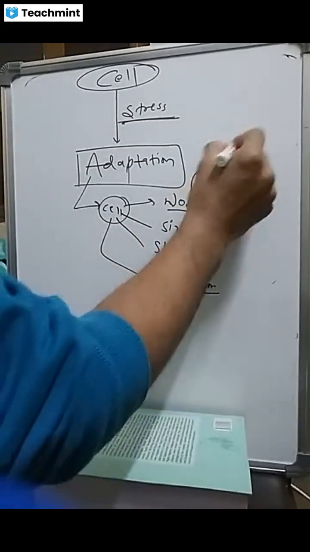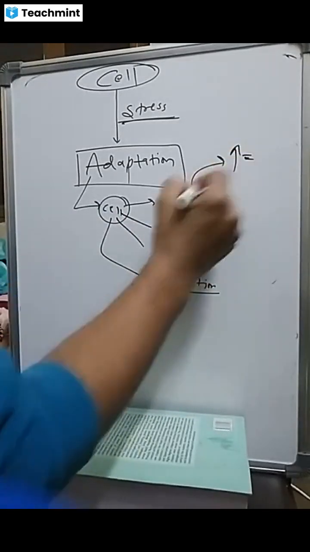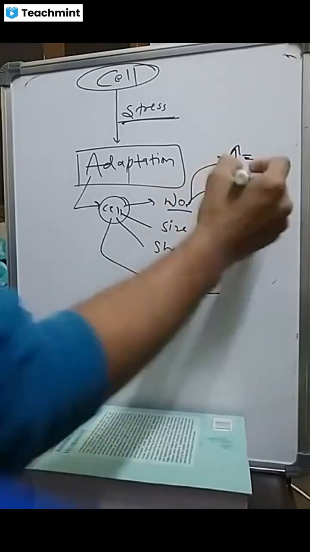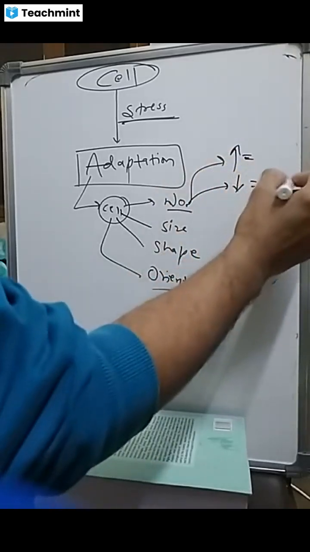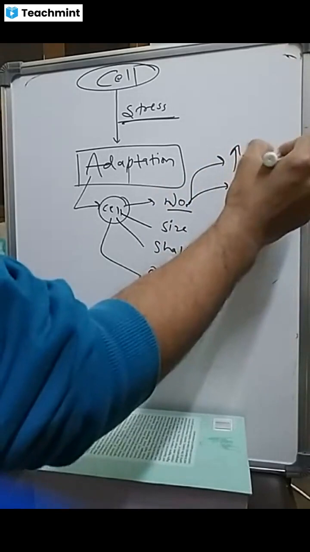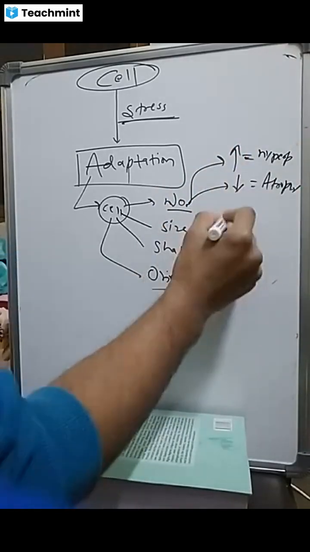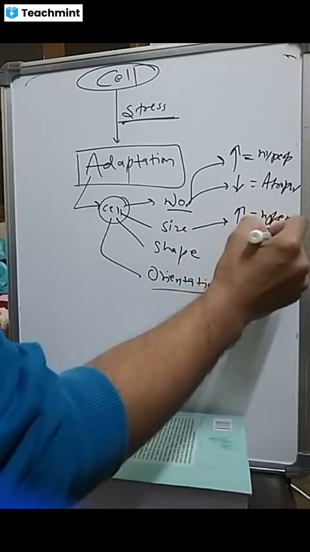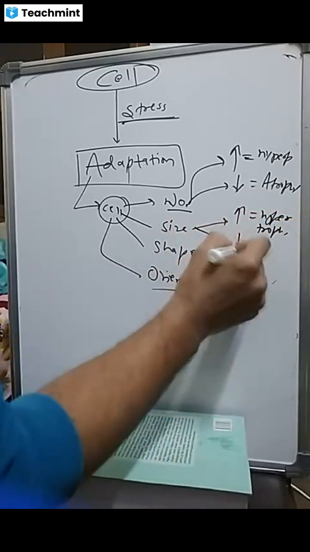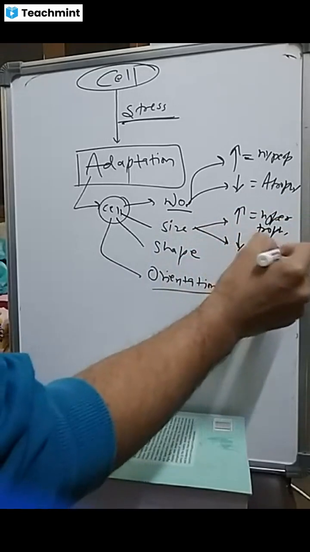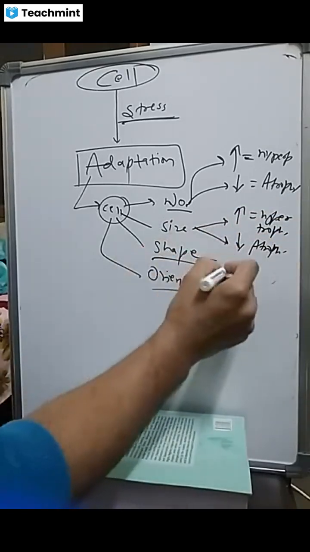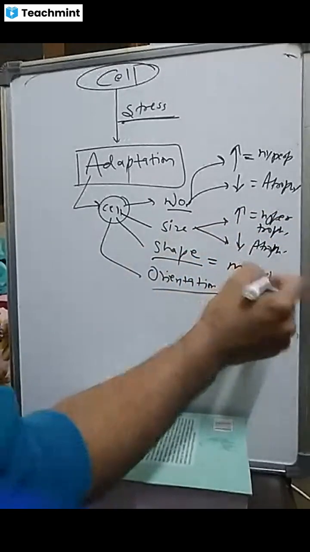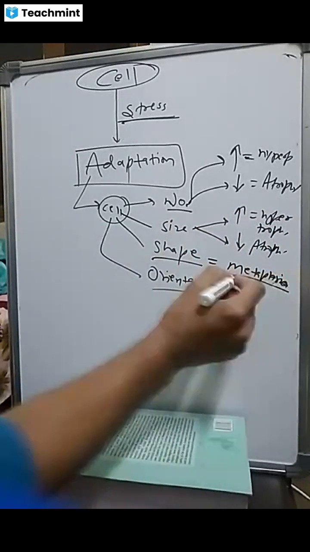Number may increase, that is hyperplasia; number may decrease, that is atrophy. Size may increase, that is hypertrophy, and size may decrease, that is atrophy. Change in shape was metaplasia.